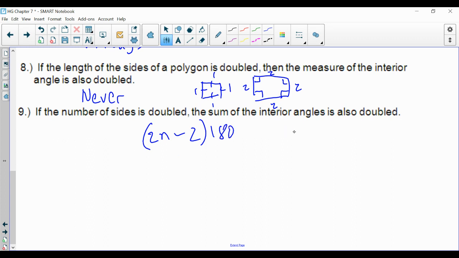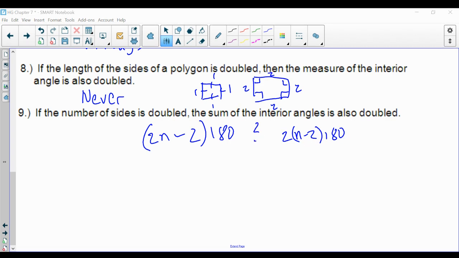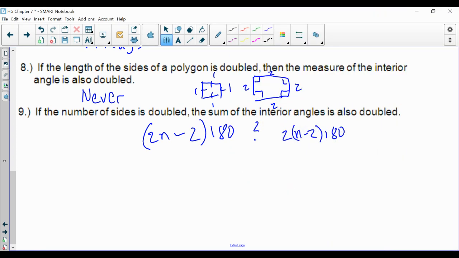We want to see, is that the same as doing n minus 2 times 180 doubled? That's what we're looking at: if you did just the normal angle sum and you double it, is it the same as if you put 2n into the formula?